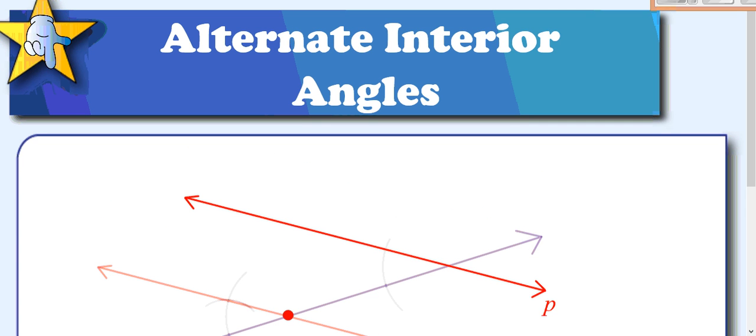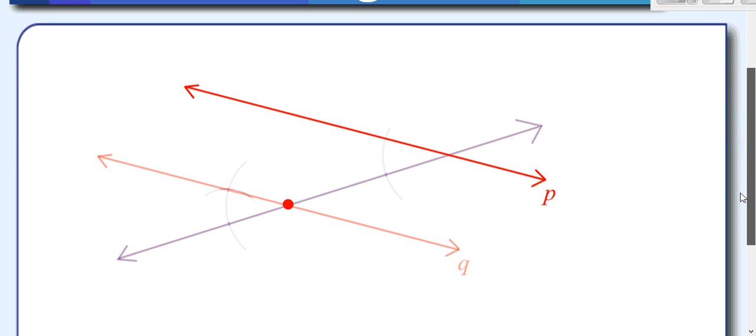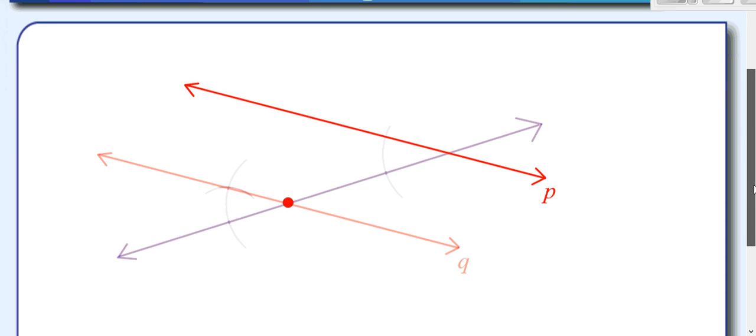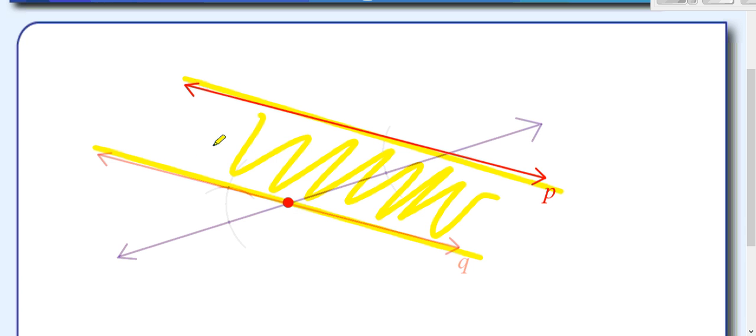So alternate interior angles. Alternate means you have one on each side of the transversal, and interior means between the two parallel lines. So there's your two parallel lines. We're looking at the interior, which would be all of this. That's all the interior.